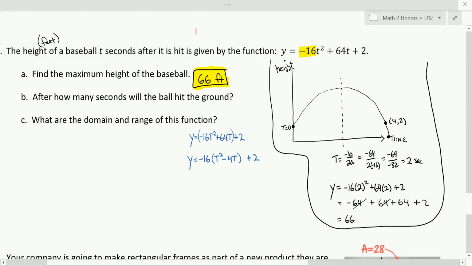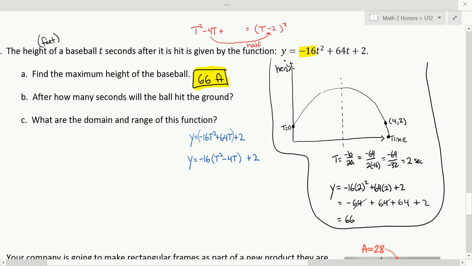If I have t squared minus 4t, what do I add to make that a perfect square, t plus something squared? What we do is we take the negative 4 here and do what to it? Divide it by 2. Cut it in half to get the minus 2.